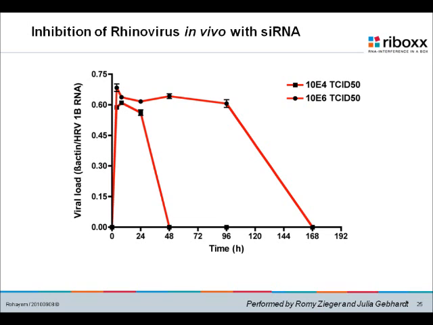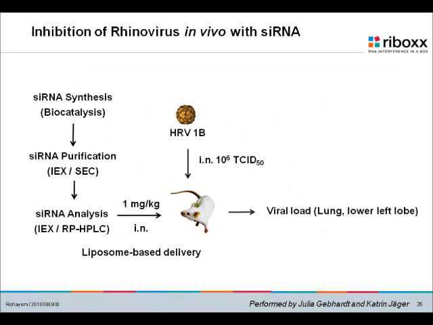So this model showed us, okay, we can go on and now use this model to test the effectivity of the riboxx siRNAs that were working in vitro in the cells. And that's exactly what we did. We synthesized the siRNA by biocatalysis, purified it, analyzed it, and then injected 1 milligram per kilogram. So it's 1 microgram per gram. We are talking about 18 gram mice.